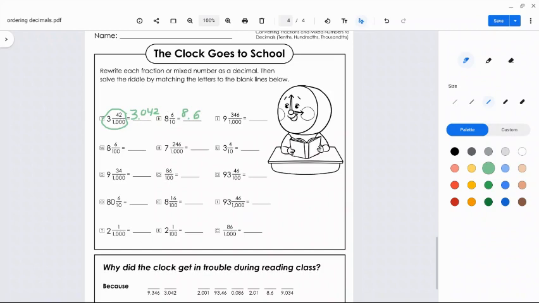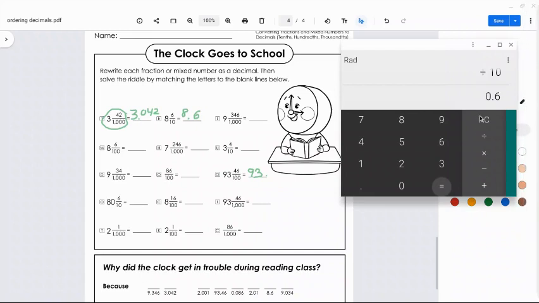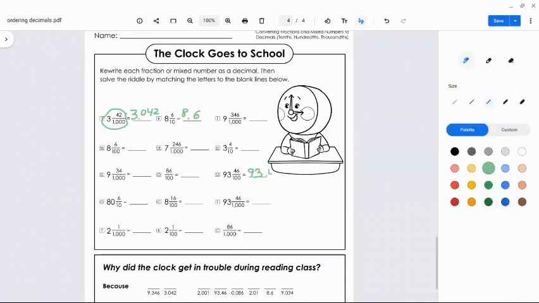So if I jump down to 93 and 46/100ths, well, that 93 is going to go in front of the decimal. And then 46 over 100. 46 divided by 100 equals decimal 46. So it's actually going to be 93 decimal 46.